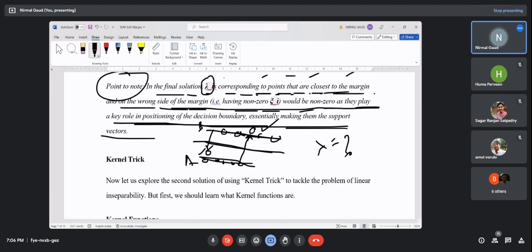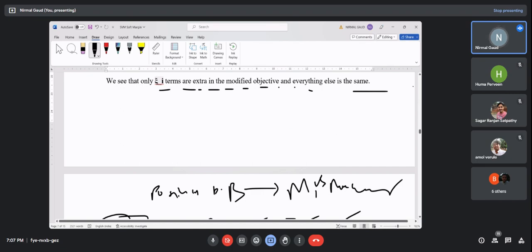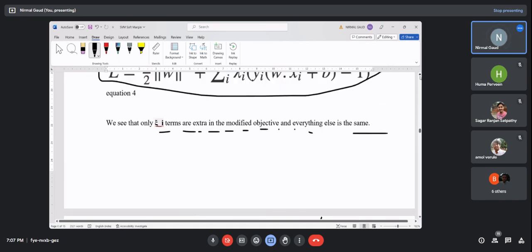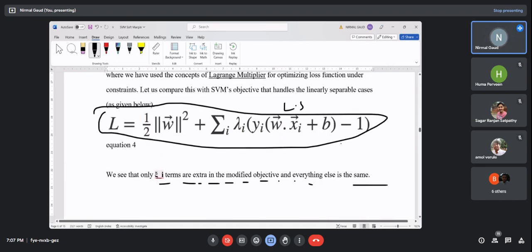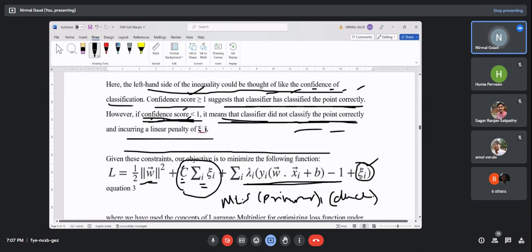In general terms, they said the final solution lambda, whatever we are going to solve, for example the same which we solved previously. Same thing here for this equation: we need to differentiate it with respect to w, lambda and b and equate it to 0. We are going to get some values out of it. However, we are not going to do that, but we should know what's happening.